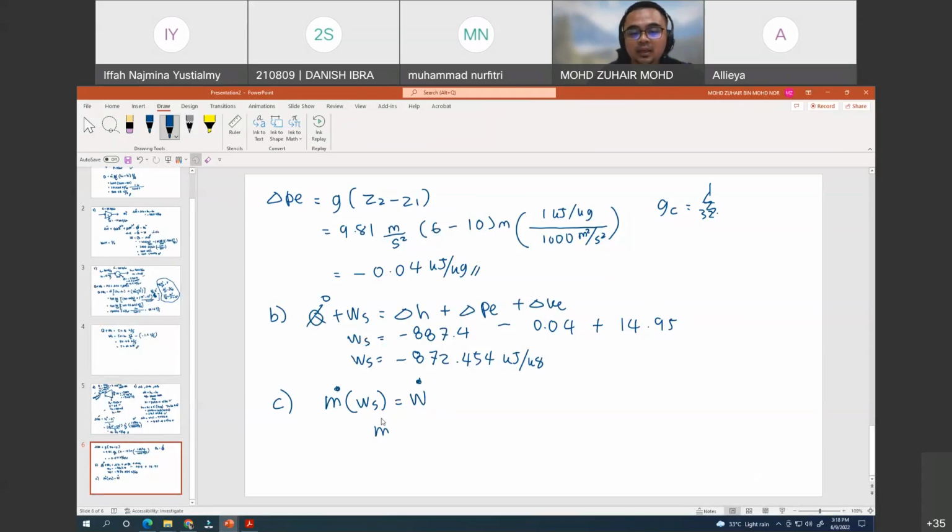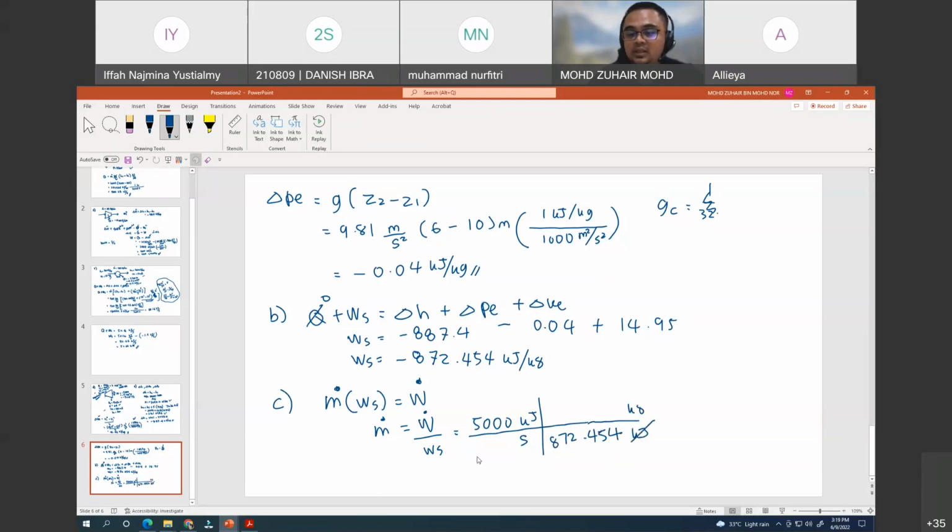So M is equals to W over WS, which is 5,000 per S times 872.454 kilojoule per kg.